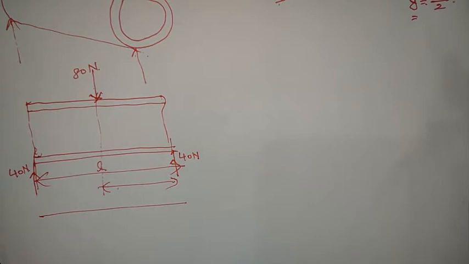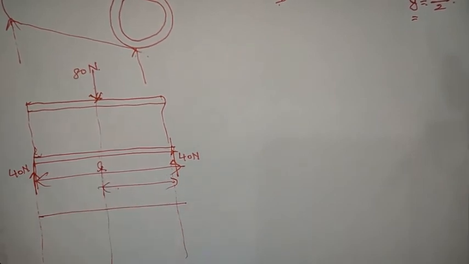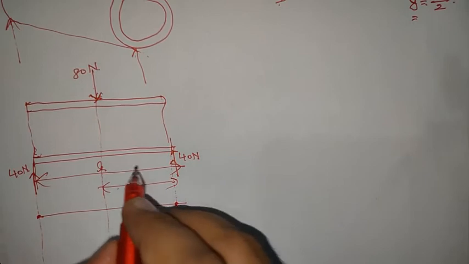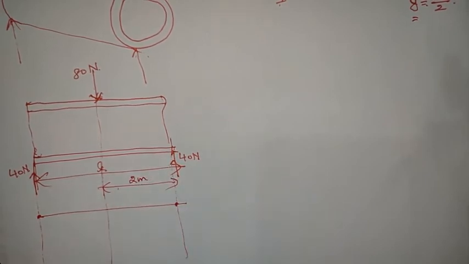So the bending moment here is 0, the bending moment here also 0, and the bending moment at the center is 40 into half the length, which is 2 meters. So 40 into 2, that is 80 Newton meter.